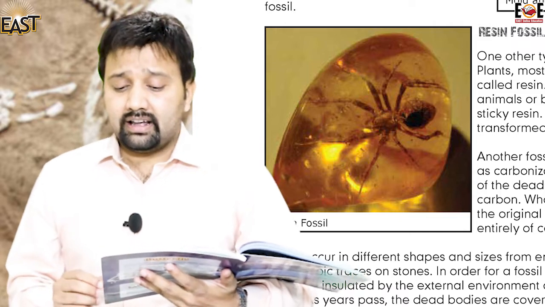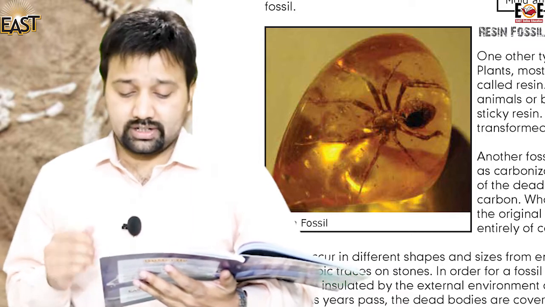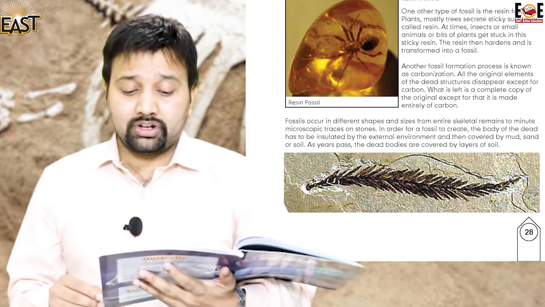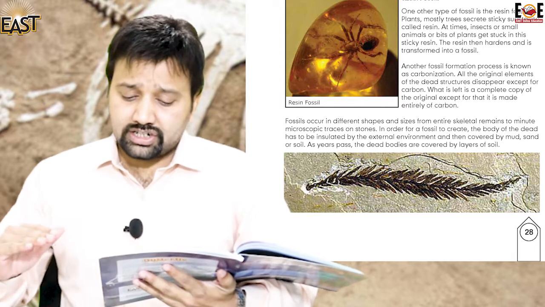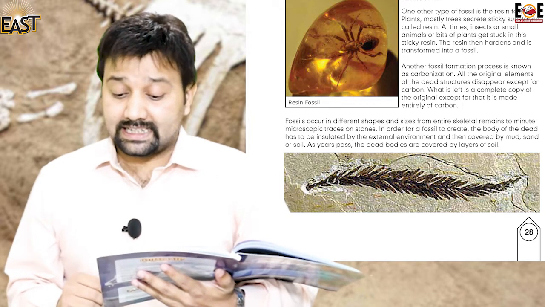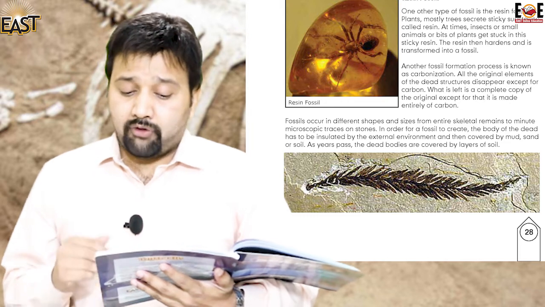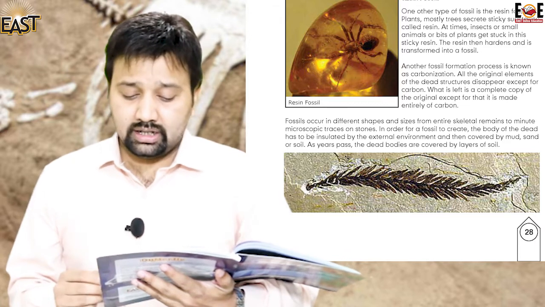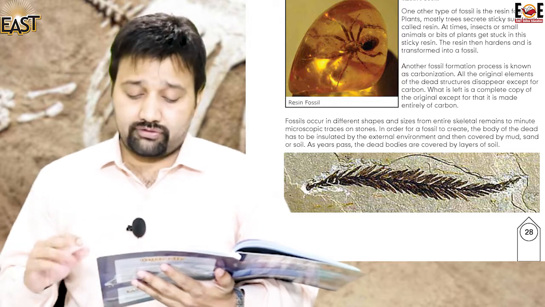The resin then hardens and is transformed into a fossil. Another fossil formation process is known as carbonization. All the original elements of the dead structures disappear except for carbon. What is left is a complete copy of the original, except that it is made entirely of carbon.